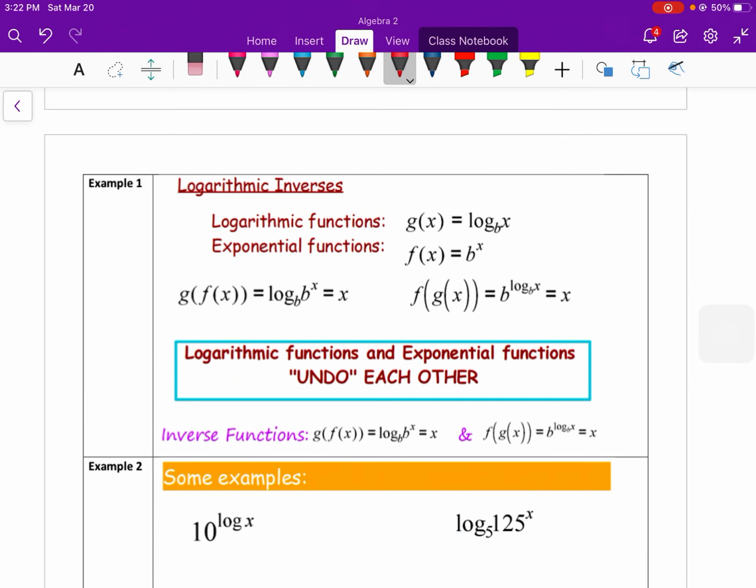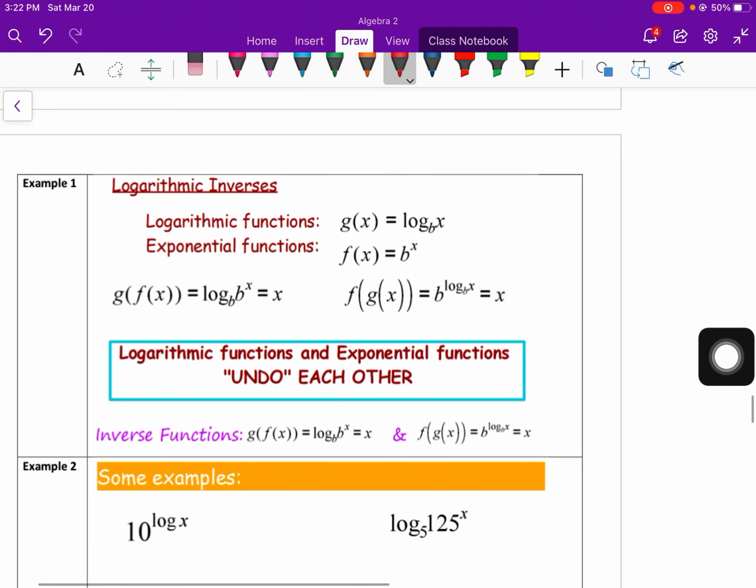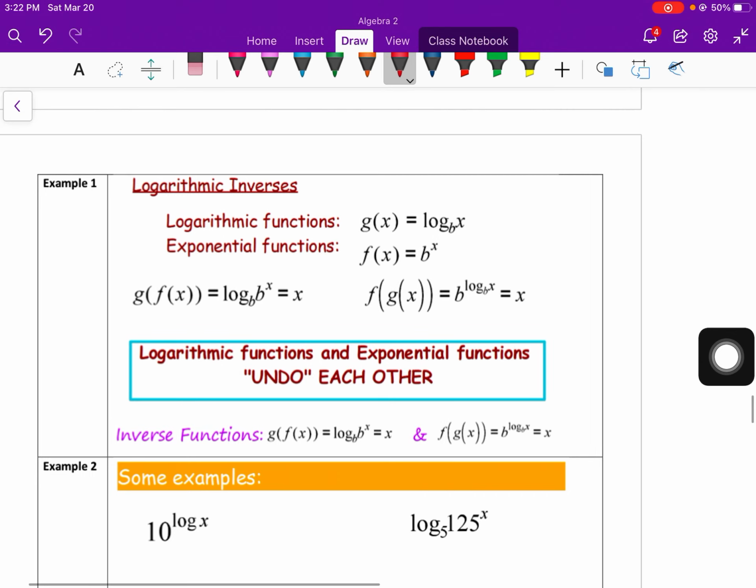Logarithmic inverses: if g of x is this function, log b of x, and f of x is this function, b to the power of x, we'll now see that they are inverses. And let's remember, when we did inverses 2 units ago, the output of g of f of x, when we compose them, we'll get x out. And then when we compose f of g of x, we'll get x out.